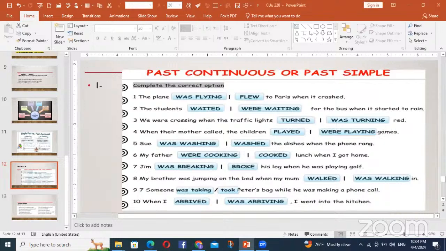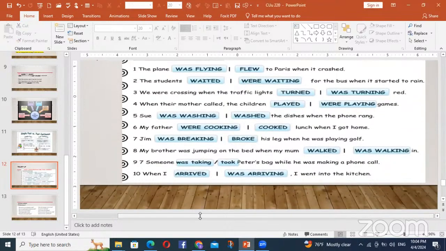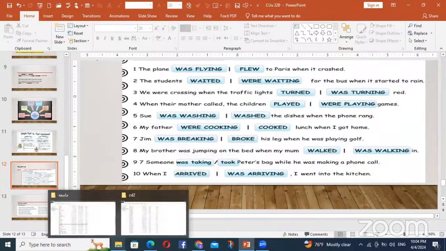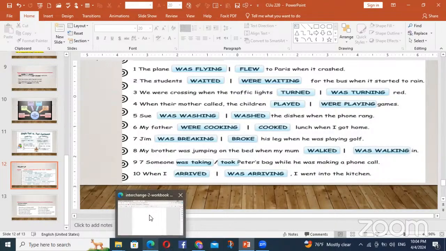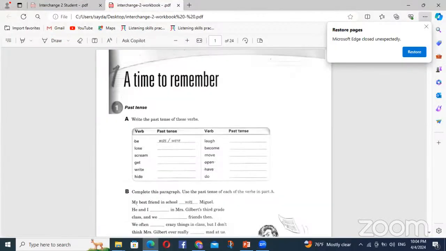So this is what we have about the past continuous. I wanted to show you about, since we studied the past simple. Okay.